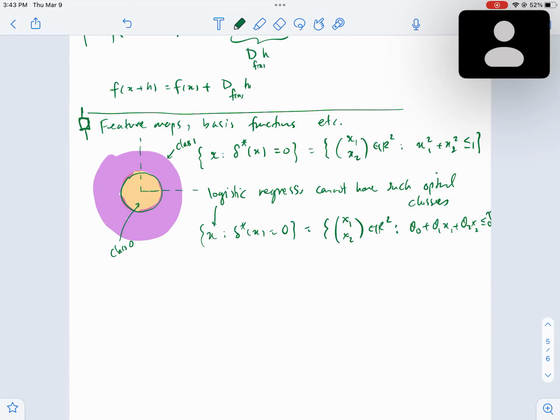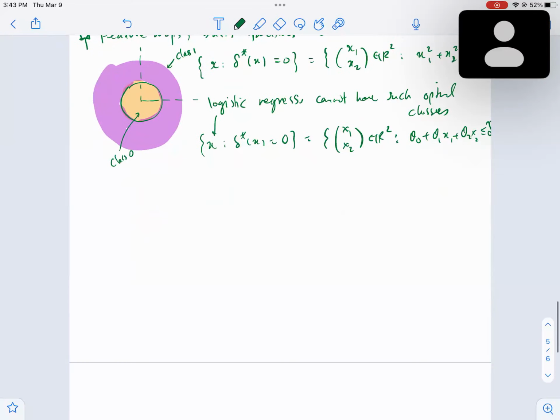So is there a way that we can modify logistic regression? Theta hat was the ERM version, and the loss was log loss. Is there a way I can modify logistic regression?